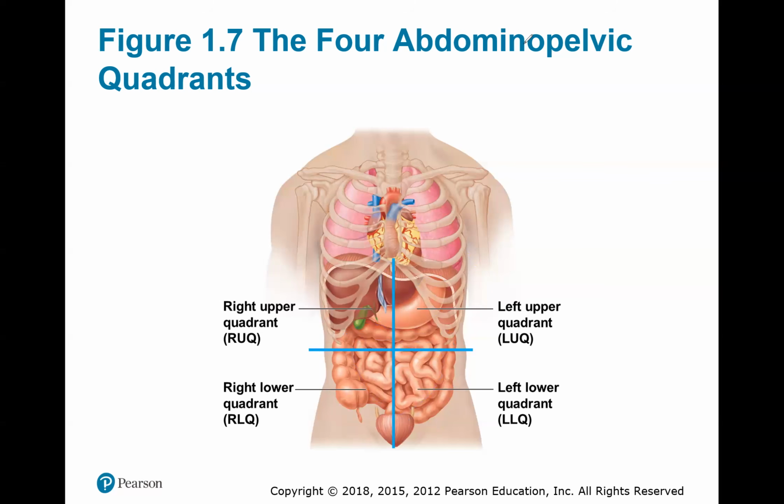All right, moving down again, we'll go to the right lower quadrant, the RLQ, and we find the majority of our colon here, as well as our intestine, our small intestine and large intestine. Same thing on the left lower quadrant. What we're not able to see is that we also have kidneys and ureters running through this area. So the kidneys sit in the back, if you will.